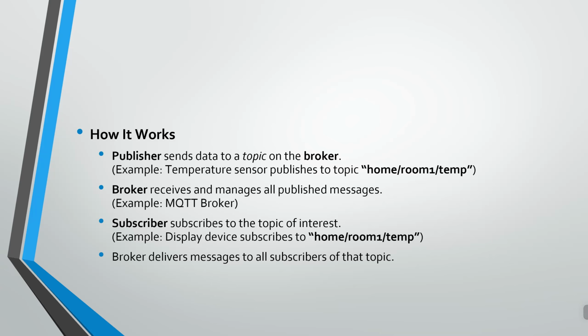Now, the broker will receive this data from home slash room one slash temp and publish all the messages using the MQTT broker. Now, the subscriber subscribes to the topic of interest, like the display device subscribes to the same folder. The broker delivers a message to all the subscribers of the topic.